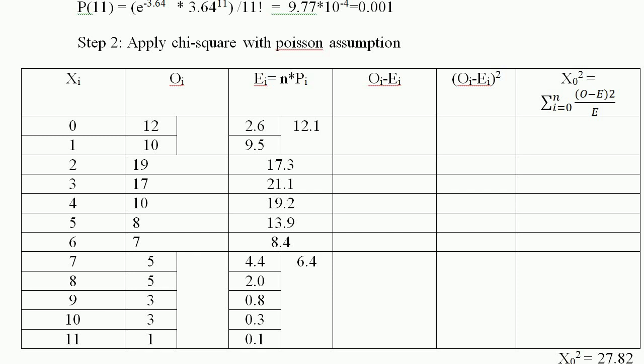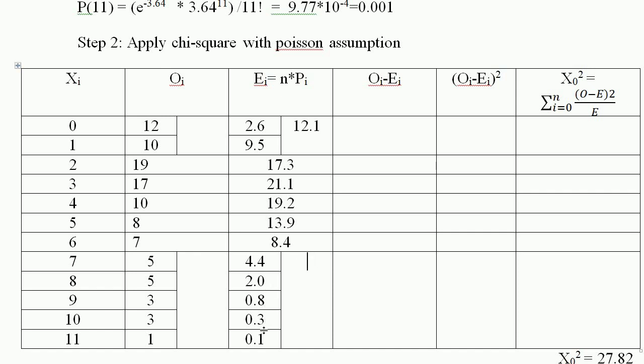So if I add these two values, 4.4 and 2.0, we will get a value of EI that is greater than 5. But if I add 0.8, 0.3 and 0.1, we won't get a value greater than 5. So I'm combining these 0.8, 0.3 and 0.1 with the previous values. If I combine these four values, I won't get a value greater than 5.